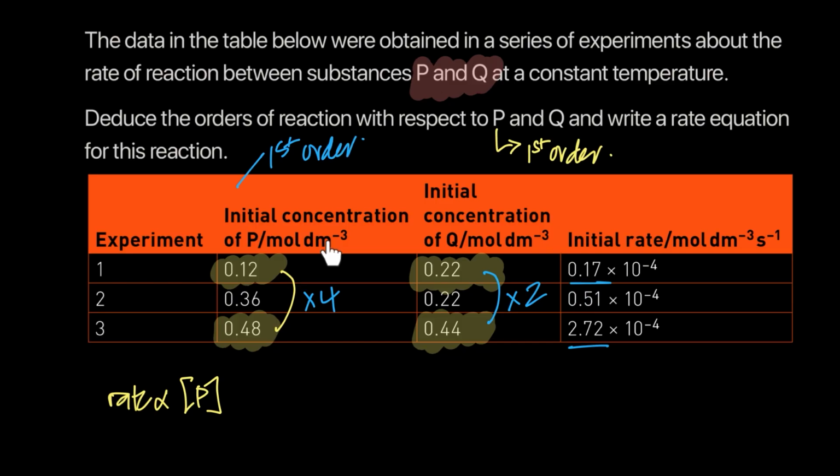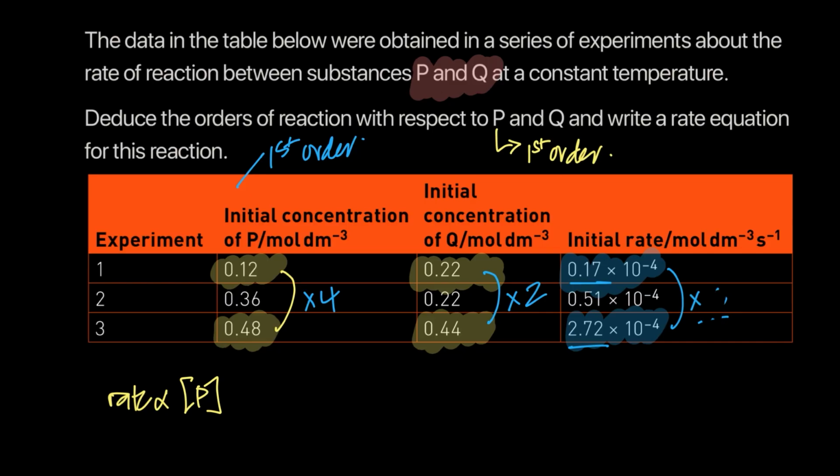So basically, if P is first order, by quadrupling P, the rate should quadruple just because of P. But if I look at rate from 1 and 3, the rate is actually increasing by a factor of 16, which really is 4 times 4 is 16. And why would I do 4 times 4? Because P, which is first order, should have increased the rate only by a factor of 4. But this increased by a factor of 16.